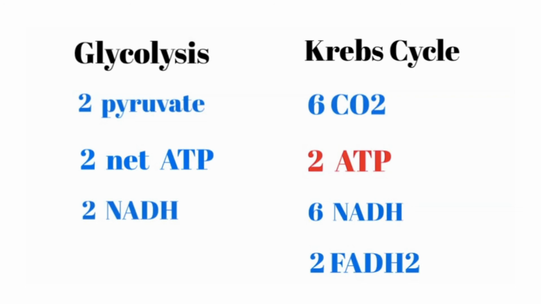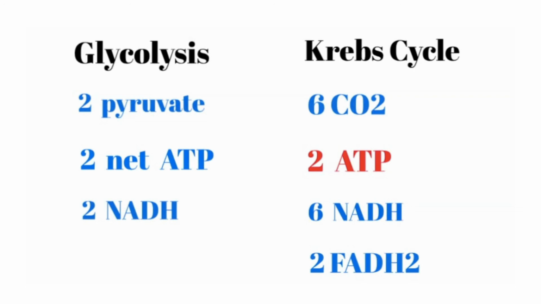So one thing I want you to notice is after glycolysis and the Krebs cycle, we've only produced a net 4 ATP, which is not very much. So I will argue all day long that the single most important aspect of glycolysis and the Krebs cycle is the production of NADH and FADH2.